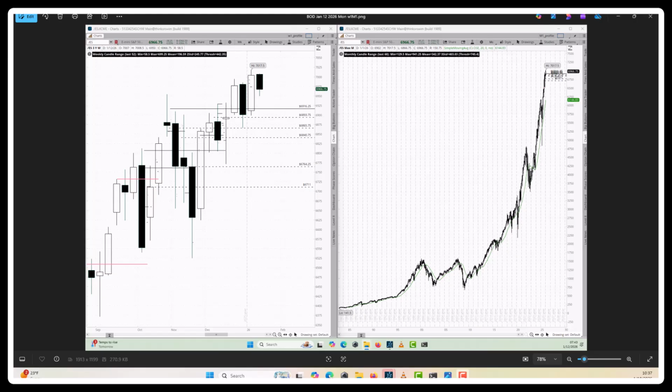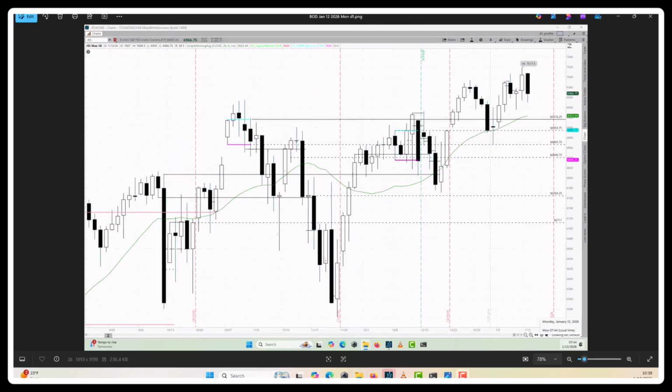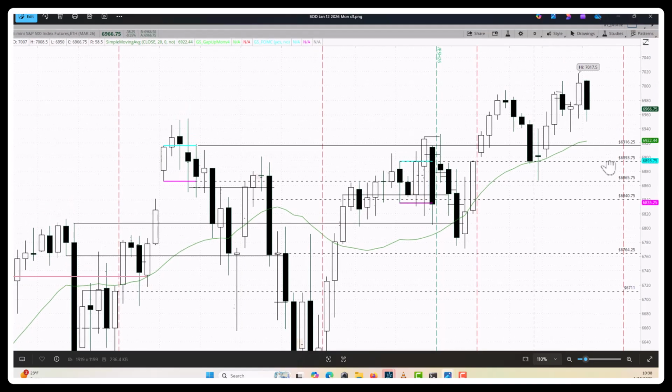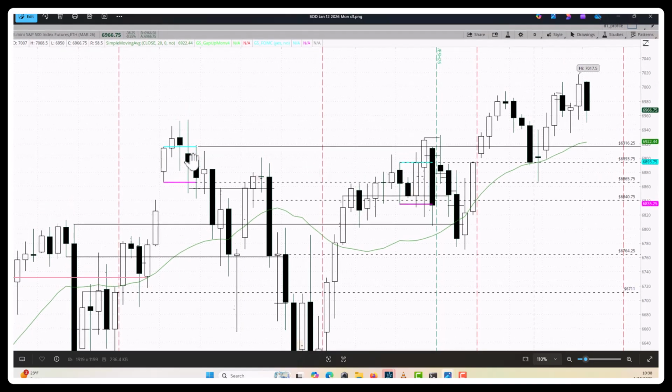So let's see what the daily is telling us. Here's our daily. If you look at the FOMC meeting level right there, you can see this level, 69.16. We can see that it broke 1 to the upside, which is sell side liquidity.